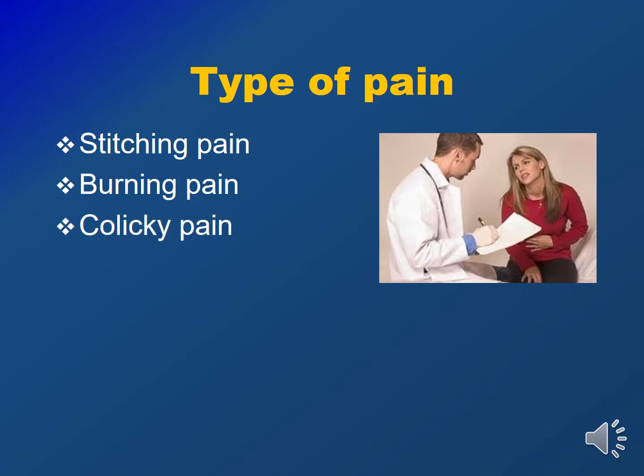Colicky pain means a cramp of smooth muscles and relieving of it in an intermittent way. It's characteristic of a pain from a hollow organ with smooth muscle in its wall, like small intestine, like ureter, like biliary tree. These all cause colicky pain.